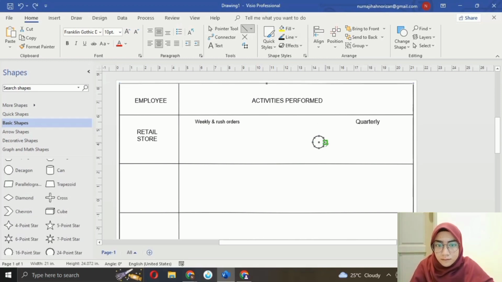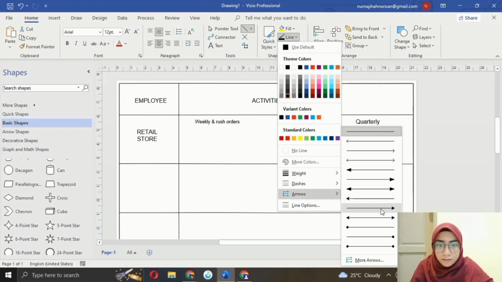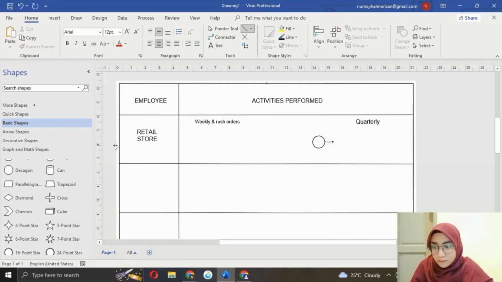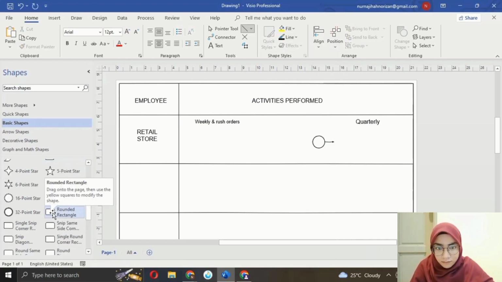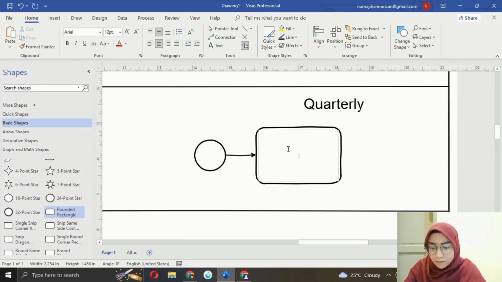Next is the arrow symbol. An arrow is used to indicate the flow of data or information. Next, we follow with a rectangle. An explanation of the activity is placed inside the rectangle.